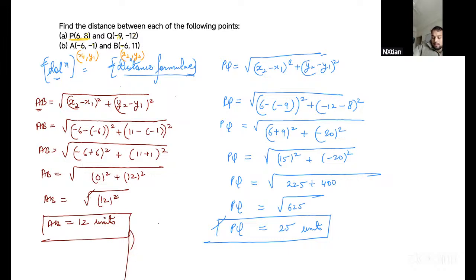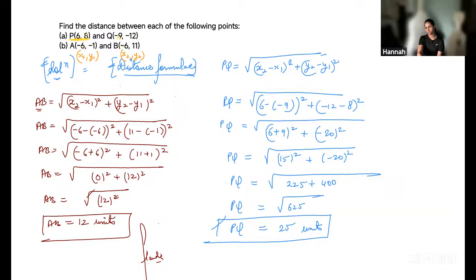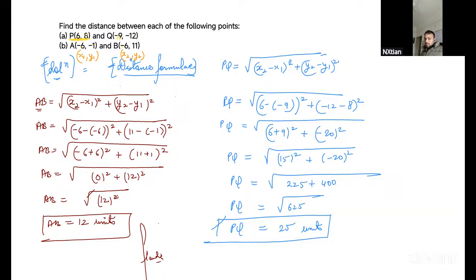Did you understand, guys? Did you understand, Hannah? You got the same answer, Hannah? Yes, sir. Jahovan, where did you make the mistake, beta? I made a small mistake with the integers.